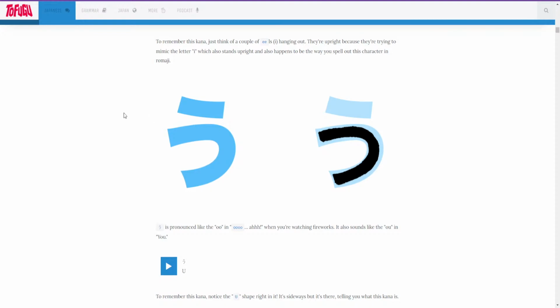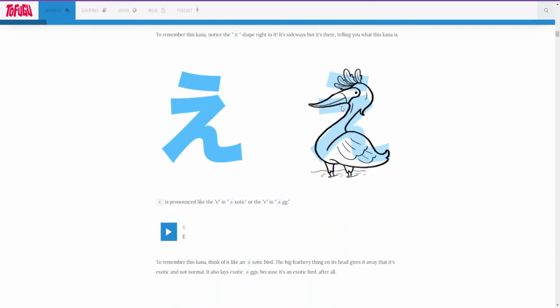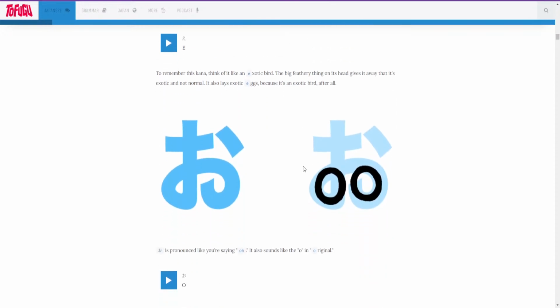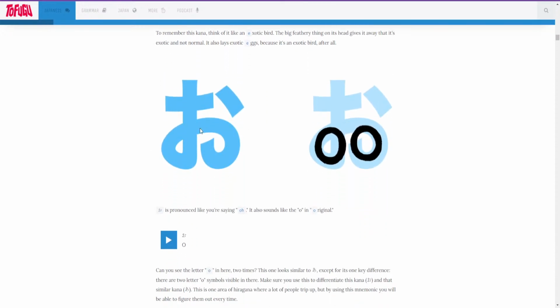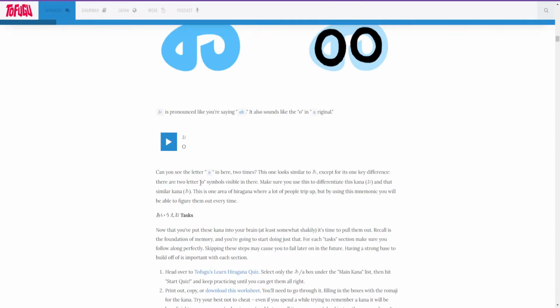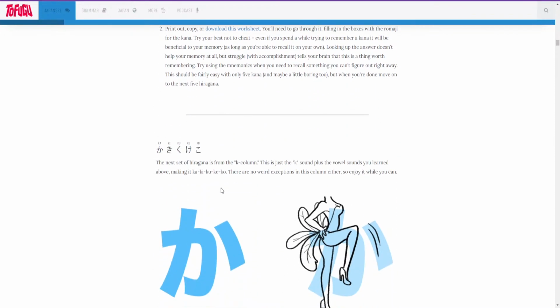Next up we have a sideways U, pronounced U. We have a fancy little exotic bird, pronounced eh. We have, finally, 2 little circles, so you remember what this kana is, pronounced o. A, I, U, E, O. And those are the first 5.